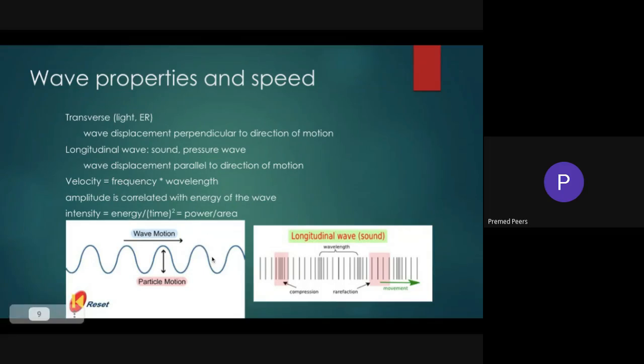So the higher the amplitude, the higher the energy of the wave. And then intensity is energy over time squared, which is the same thing as power over area. So amplitude talks about energy itself, and then intensity talks about energy as a distance relative to the source of the sound.